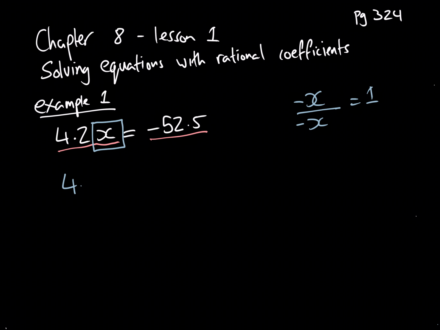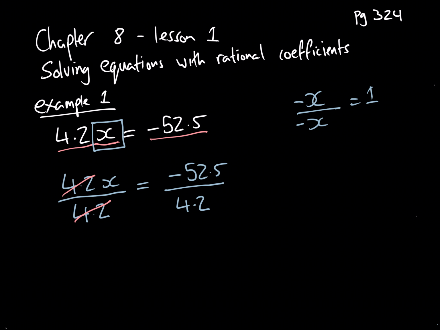We can have 4.2x divided by 4.2. But remember, whatever you do to the left, you must do to the right. So then we have minus 52.5, and we'll also divide this by 4.2. Right. Now, if you go back and look over here, we see that 4.2 divided by 4.2 is just 1 over 1.